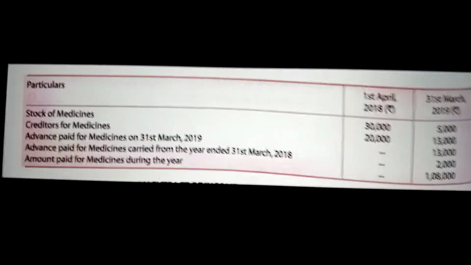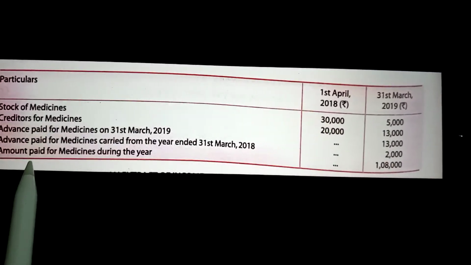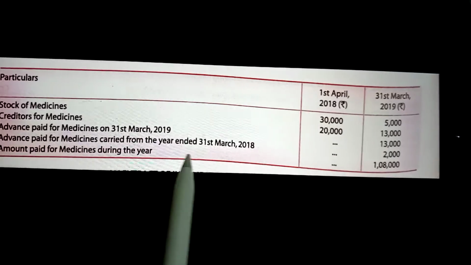So here first of all we will calculate the cost of material consumed, and we will start from the amount paid for medicines during the year, 1,08,000.